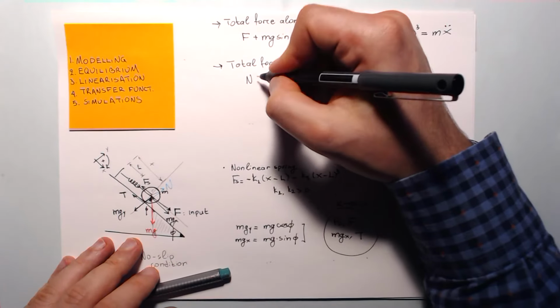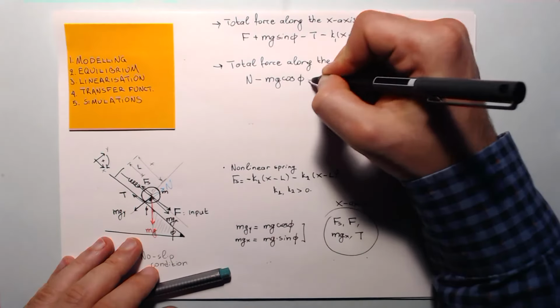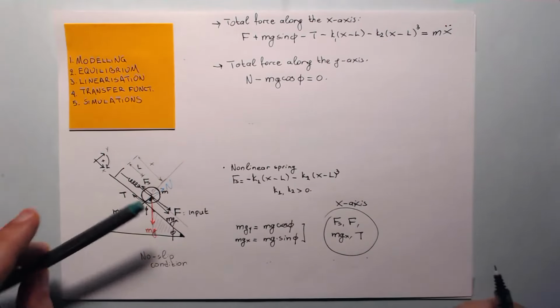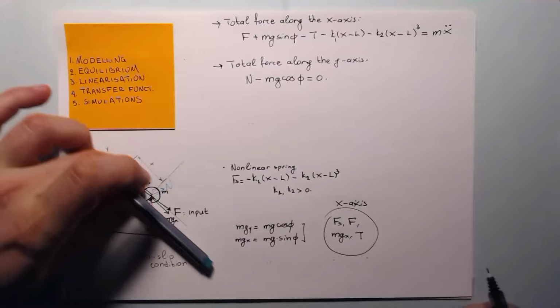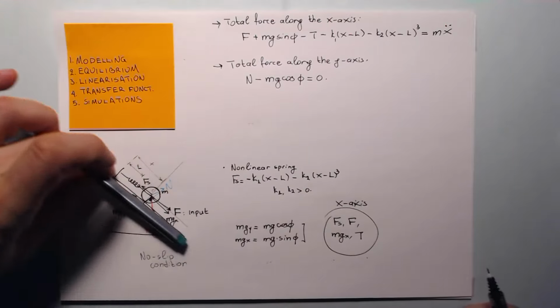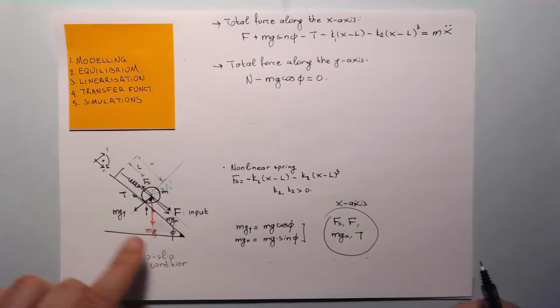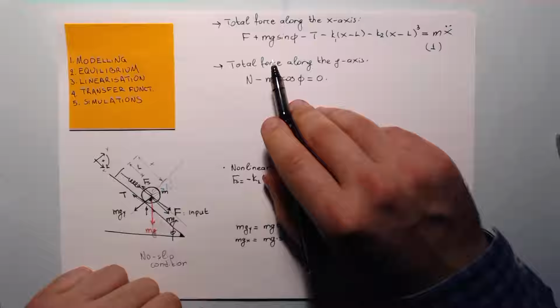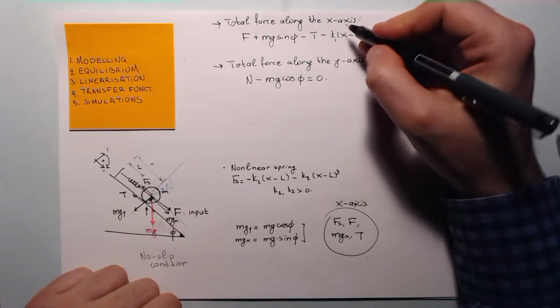It's correct, but it's not really useful because it doesn't really contribute to the dynamics. What we need to find out here is what governs the horizontal motion of this object, and of course the rotation. Now, equation number 1, this equation up here, involves the displacement x, which is brilliant.